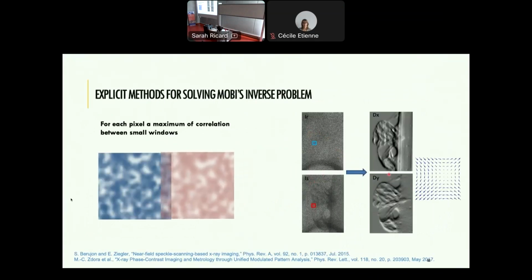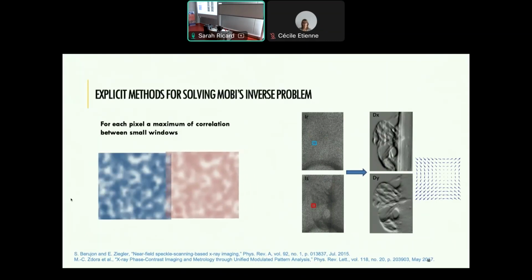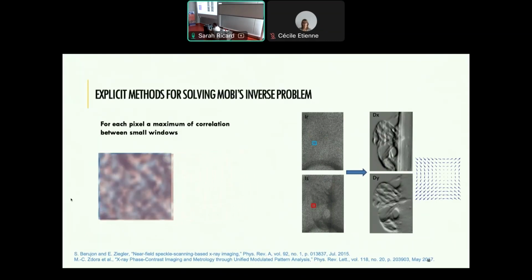What we do is take a subset of the image, segments in this image, and then we do a cross correlation. In the cross correlation, we have how the beam was shifted by the sample.